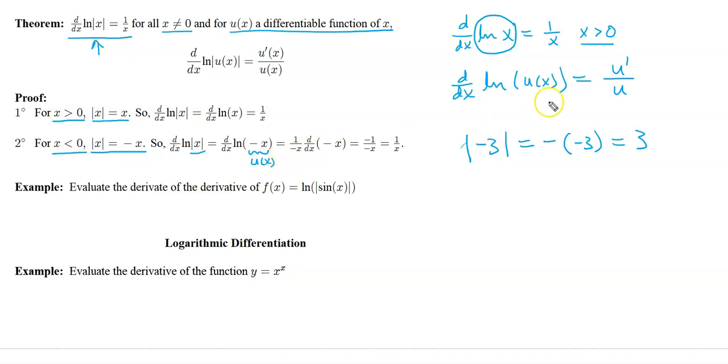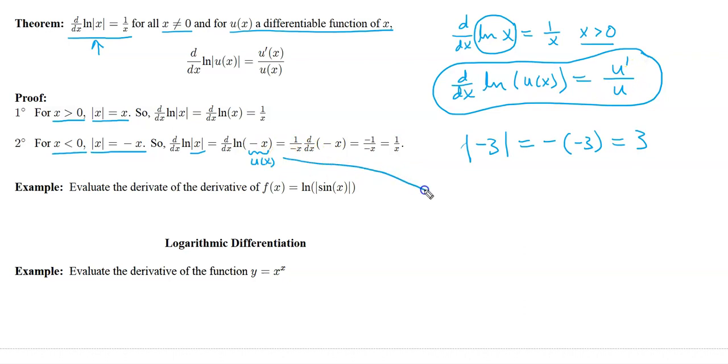And what we do is just use this result up here now, where the u is negative x. So then what we get, I'll just write it down here, this part right here is then just going to be u prime over u, where u is negative x.